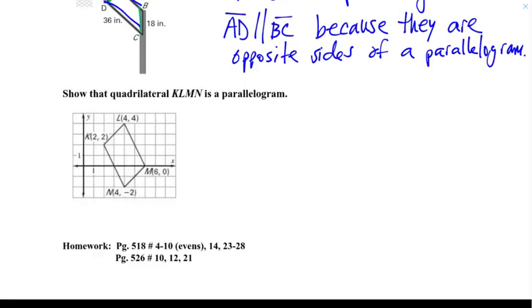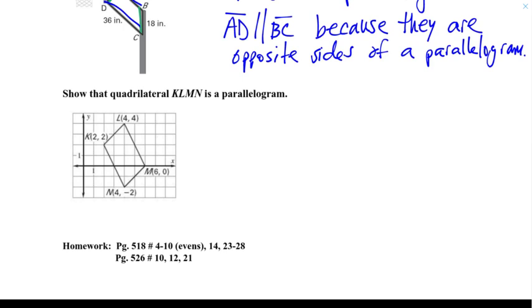All right, let's take a look at this last example here. So we want to show that quadrilateral KLMN is a parallelogram. You can see we have a quadrilateral, which is on the coordinate plane, and we see coordinates for each of those points, each of those vertices. So we have a couple options as far as how we could determine if this was a parallelogram or prove that it is.